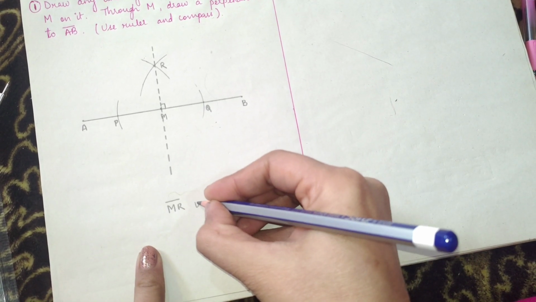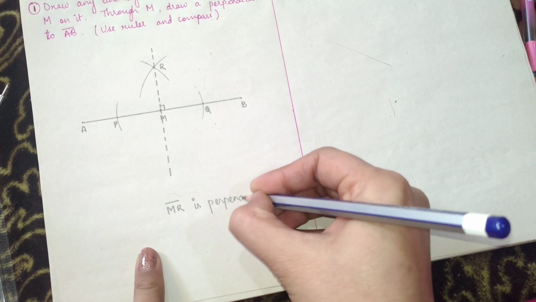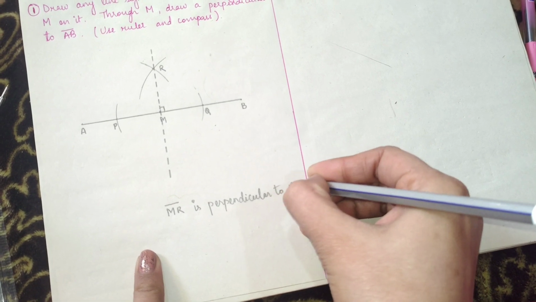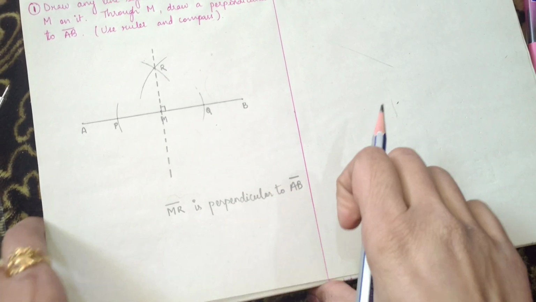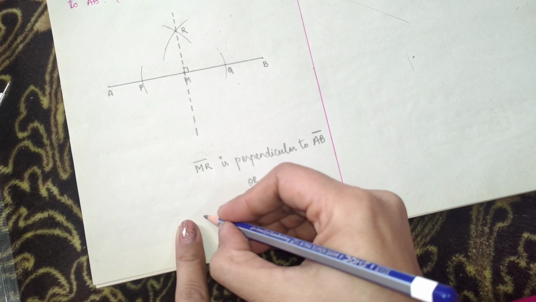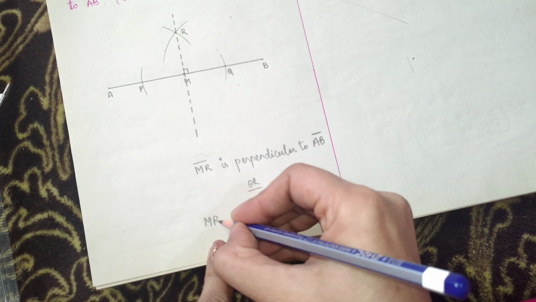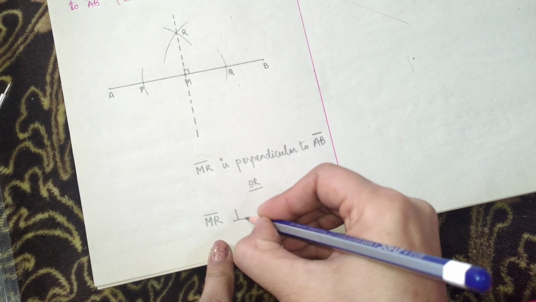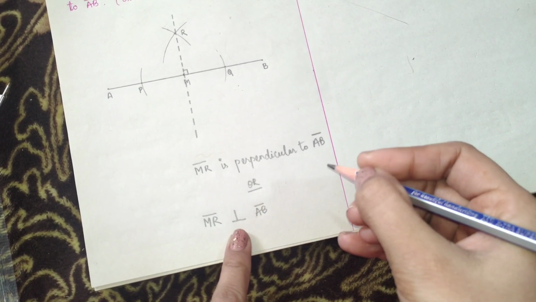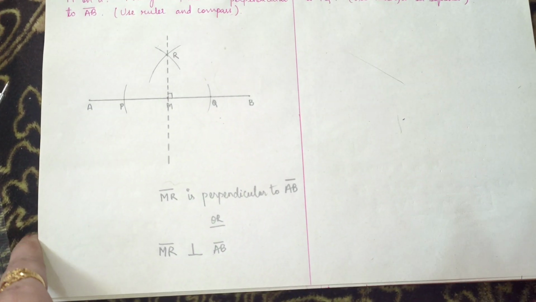MR is perpendicular to AB. I'll give you one short symbol for perpendicular, that is MR is perpendicular to AB. So this is the sign for perpendicular line. Okay, so that's how you're supposed to do question 1.